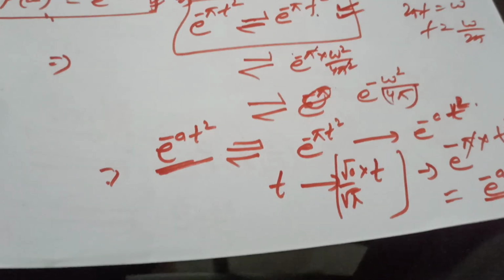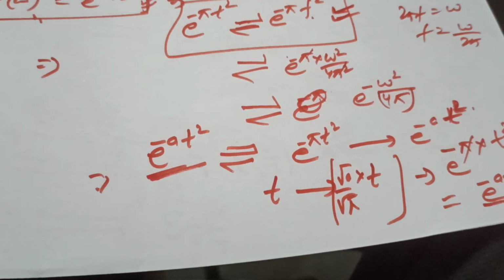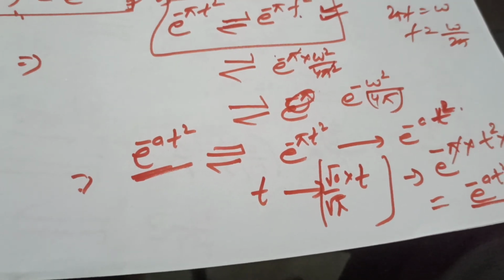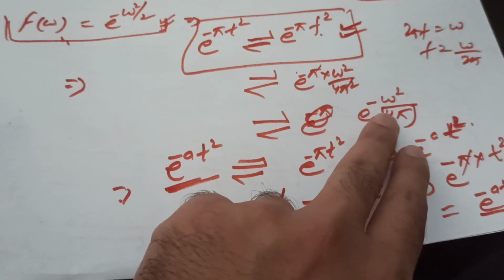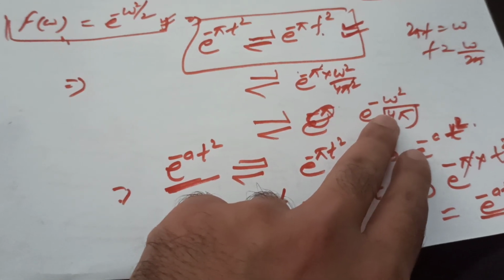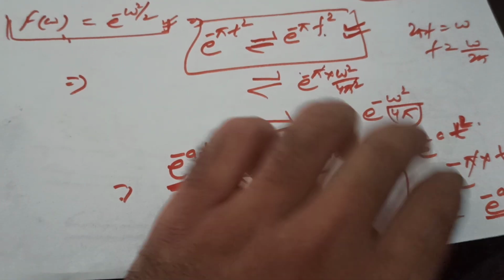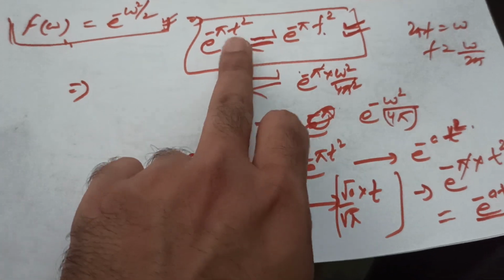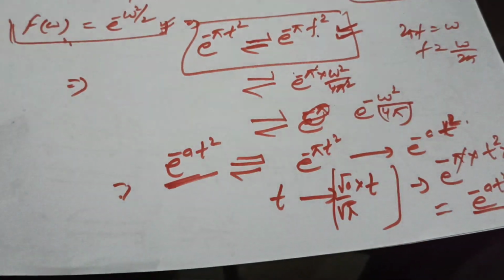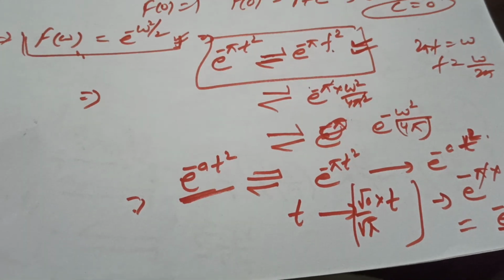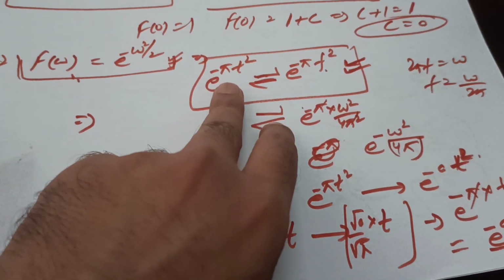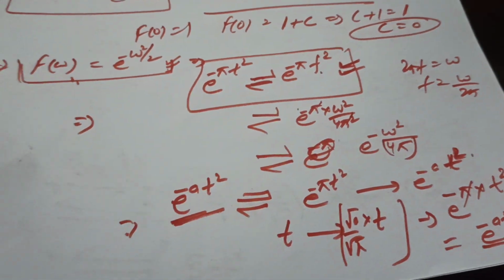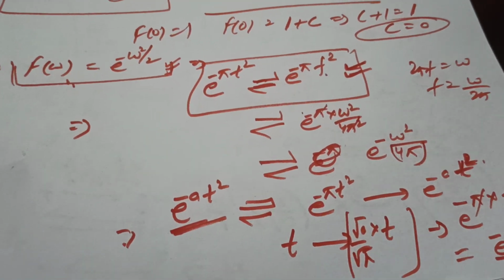I think again I am clear that e to the power minus a t square is e to the power minus pi t square after scaling. So if we have to obtain this part, then what will be the scaling factor? If I scale t by under root a by under root pi t, then automatically this becomes a, pi cancels out, and it gives me e to the power minus a t square.